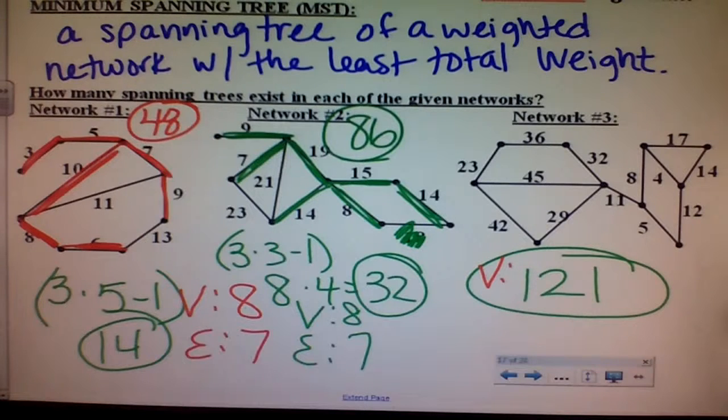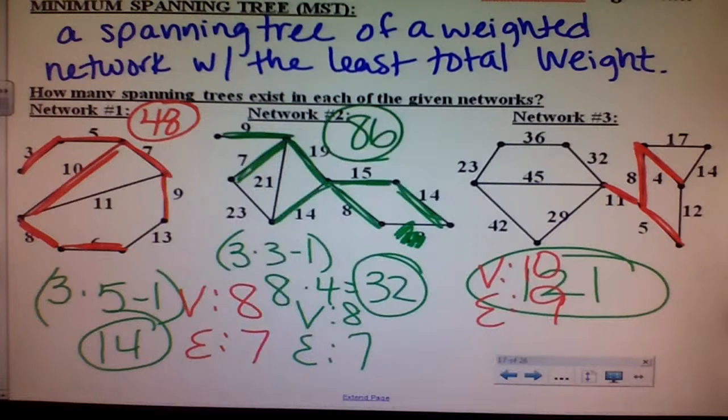So in this one, I have 1, 2, 3, 4, 5, 6, 7, 8, 9, 10 vertices, which means I need 9 edges. We're gonna start at 4. 5. 4 and 5, 8. Wait, why can't we use 11? I mean, like I said, you can't use 12. Oh, okay. I thought you said you can't use 11.